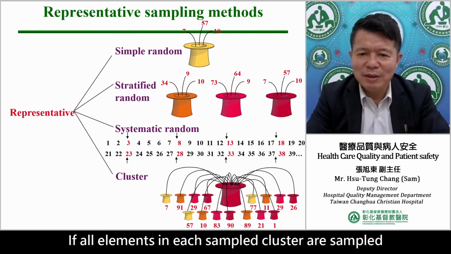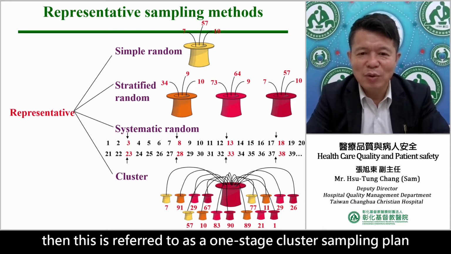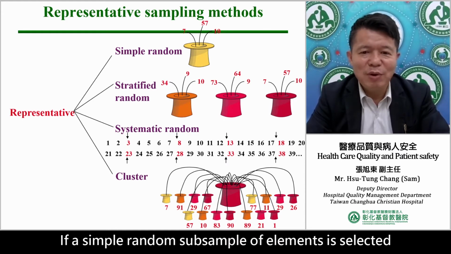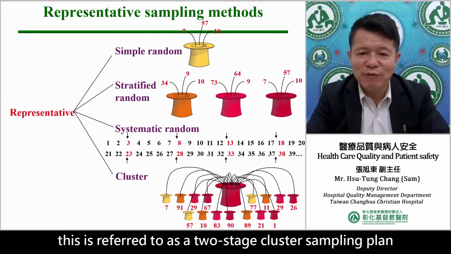If all elements in each sampled cluster are sampled, then this is referred to as a one-stage cluster sampling plan. If a simple random subsample of elements is selected within each of these groups, this is referred to as a two-stage cluster sampling plan.